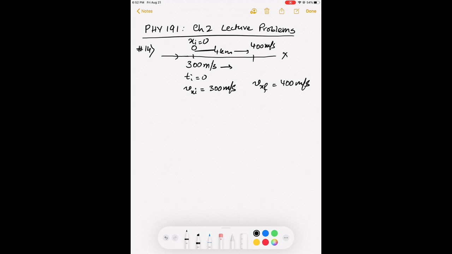Now, you can also sometimes call it VFX or VXF. It doesn't matter, as long as you have the labels right. F means final, X means it is along the x-axis. So if you're given all this information, you also are given that x final is equal to 4 kilometers. And if you convert that into meters, it will be 4,000 meters.